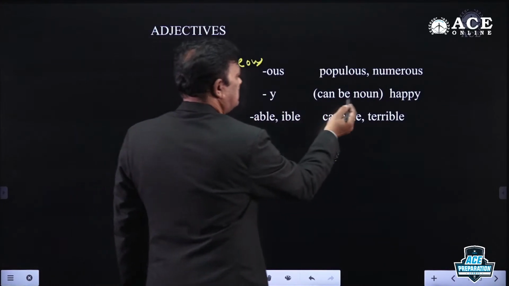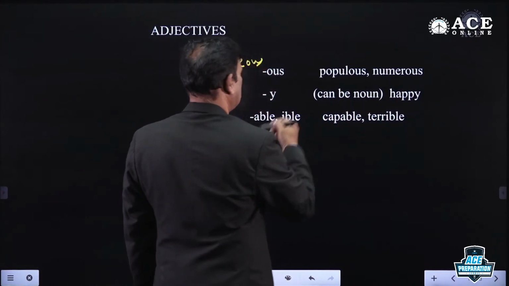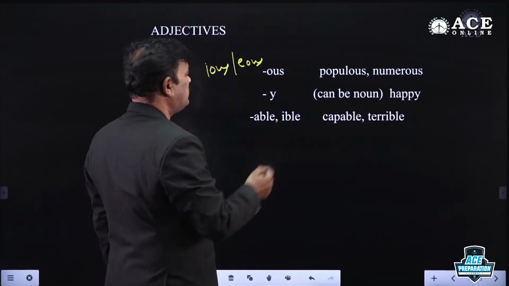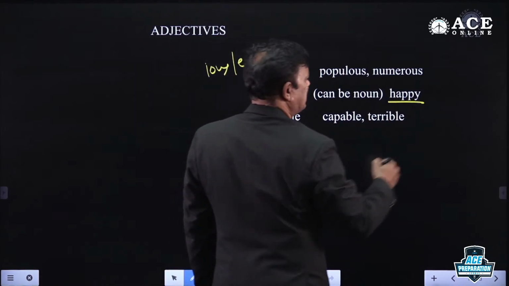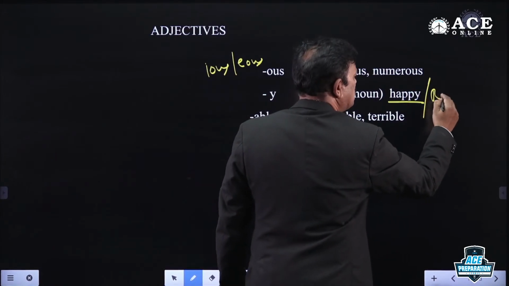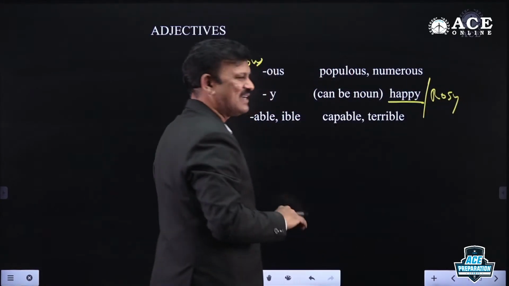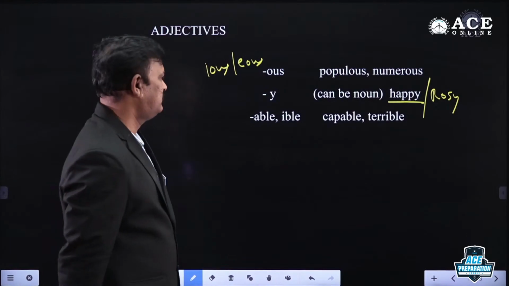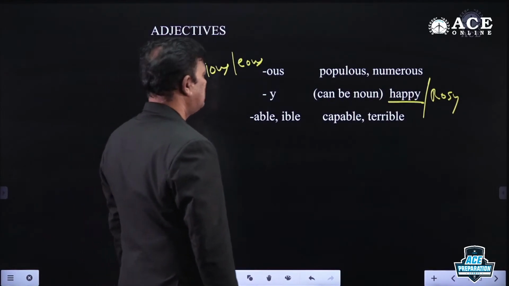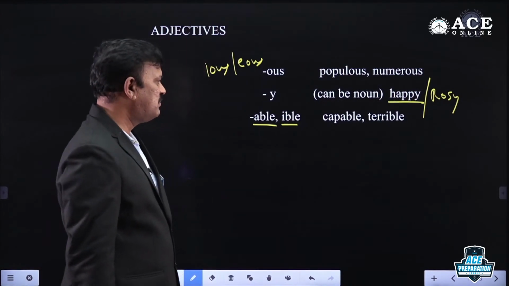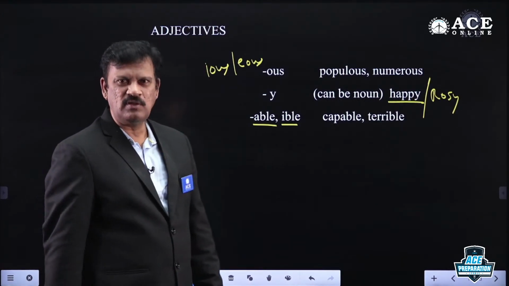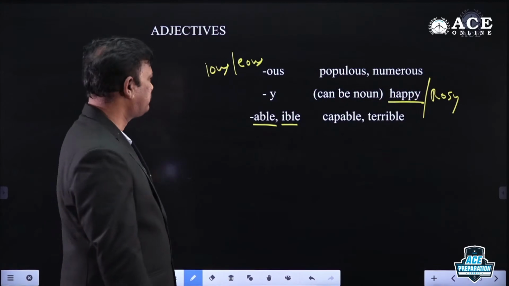As I said, an adjective can be a noun also. So happy is an adjective. Rosy, classy, easy, these are all adjectives. ABLE, IBLE: capable, terrible, horrible, something like this.